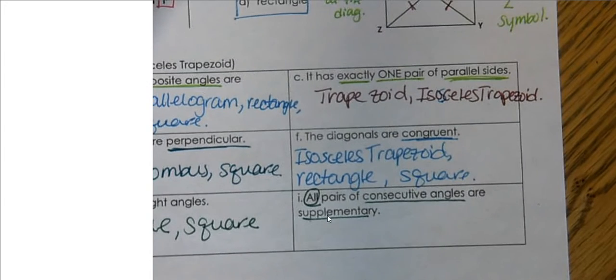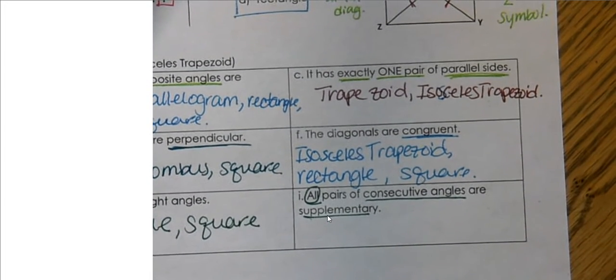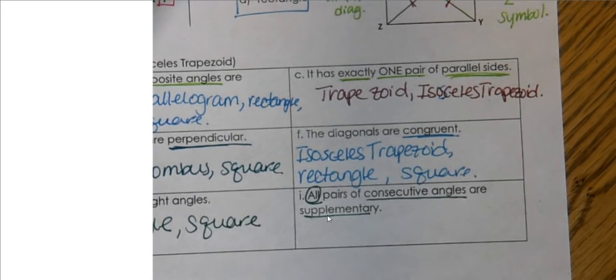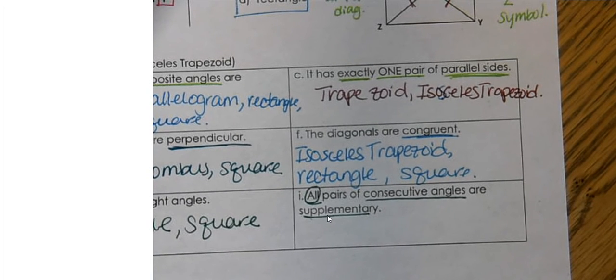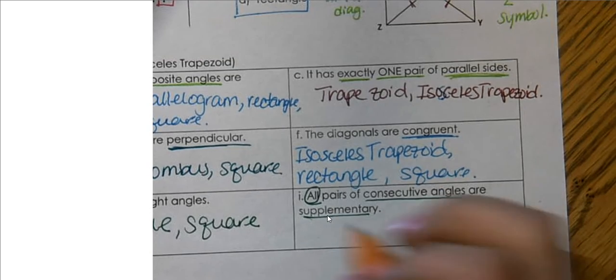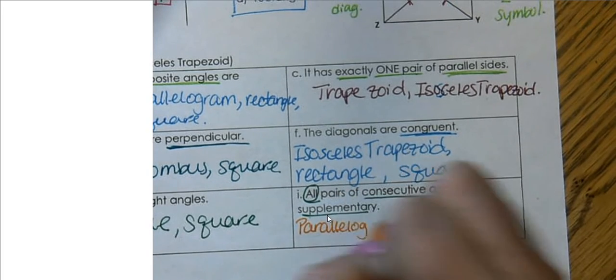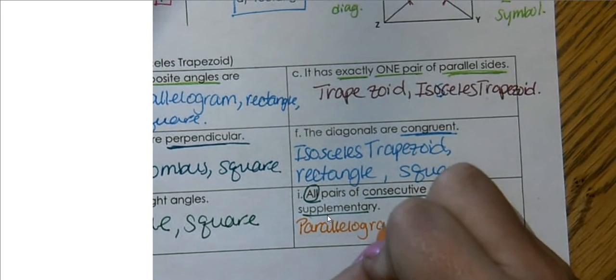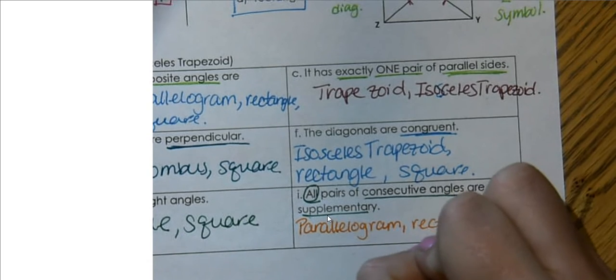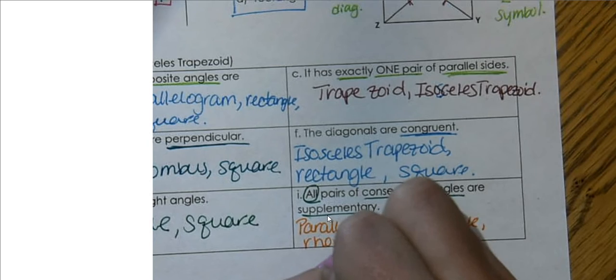So in a trapezoid, it only has one pair that are supplementary, but not all pairs. So therefore, isosceles trapezoids and trapezoids are out. Instead, this is a property of a parallelogram. So I'm going to write down a parallelogram and all of the special parallelograms. So parallelogram, rectangle, rhombus, and square.